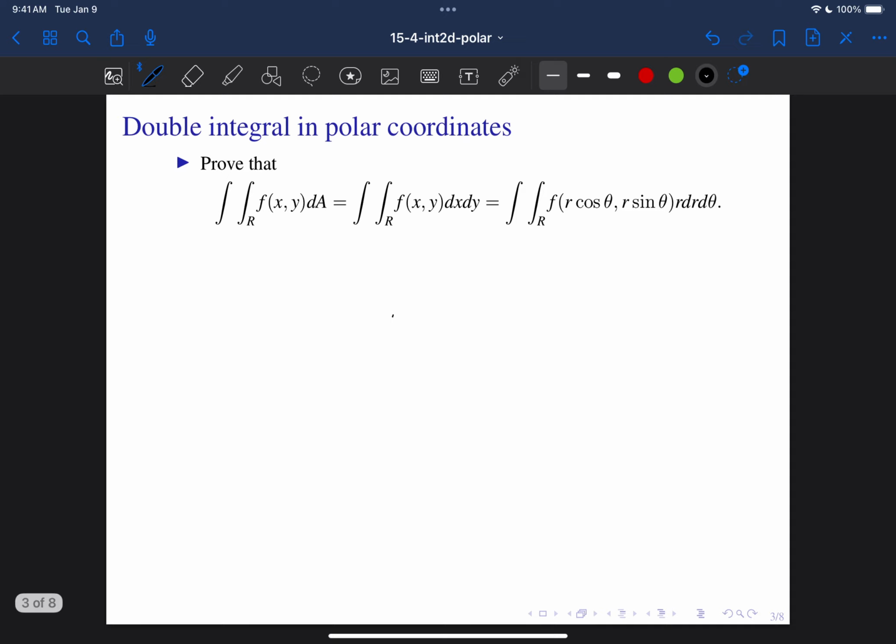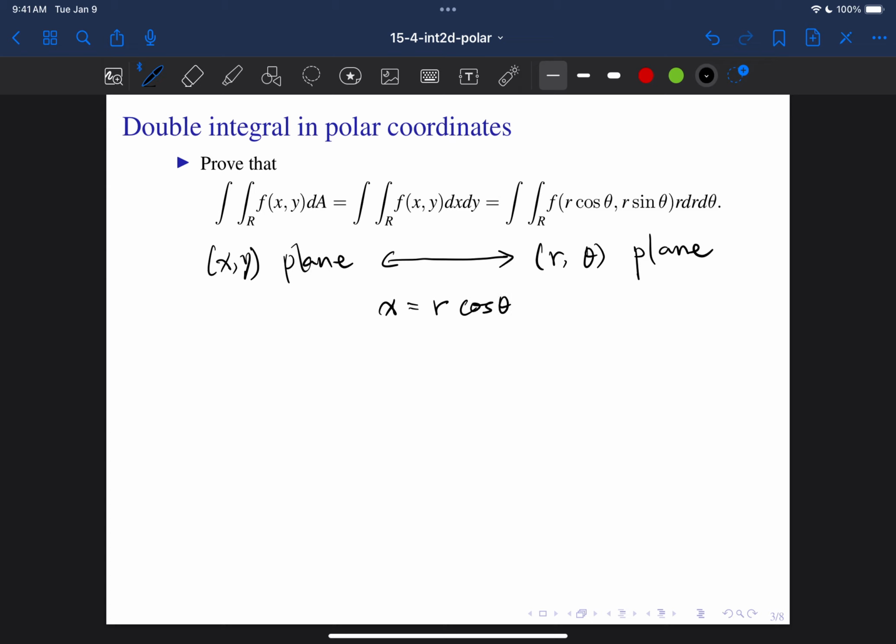If we have the xy Cartesian plane, this can be converted to polar form, the polar coordinate system, by the substitution rule given by x equals r cosine theta and y equals r sine theta.